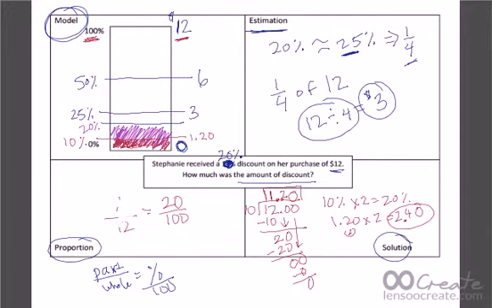And actually I need to write that in a different spot, so I'm going to erase it. All right. So like I said, X over 12, that discount over the whole 12, which was our whole price, is equal to 20 over 100.